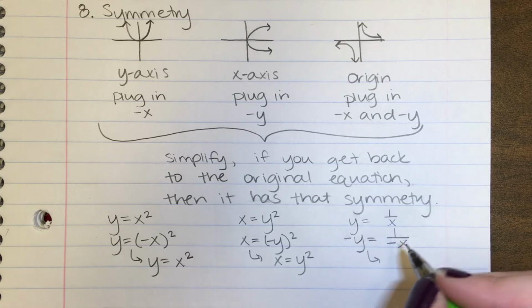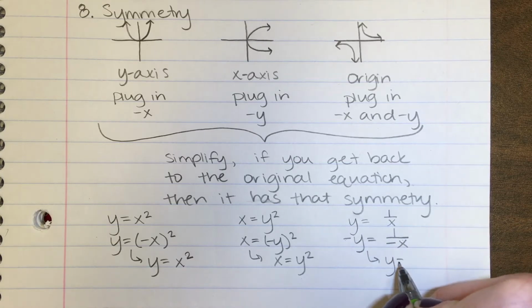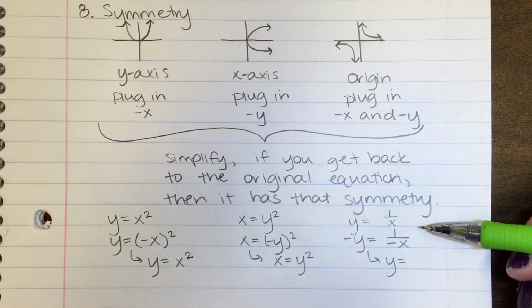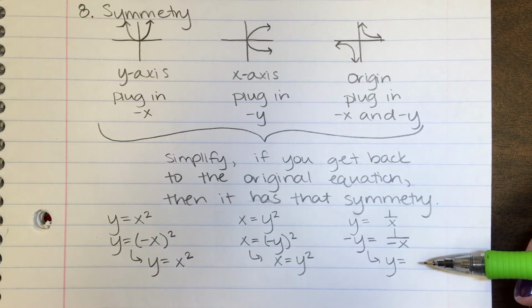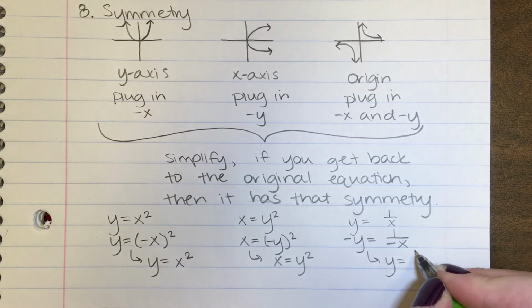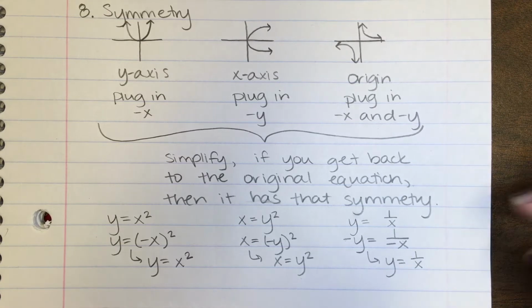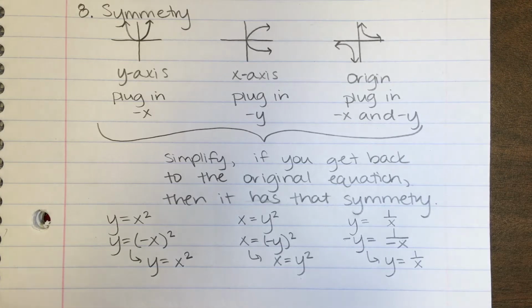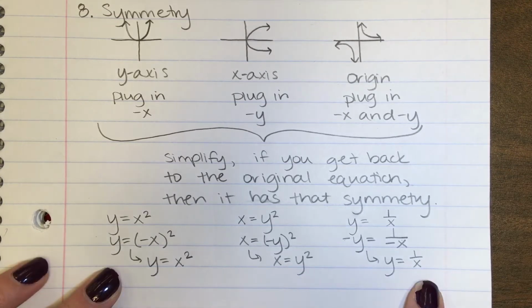So negative y divided by a negative is just y. The fraction 1 over x with the negative sign in the front, if I divide it by a negative, then the two signs cancel and I just get 1 over x. So you can see that that resulted in the original equation. So these are very simple examples.